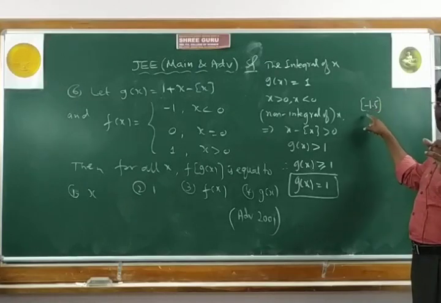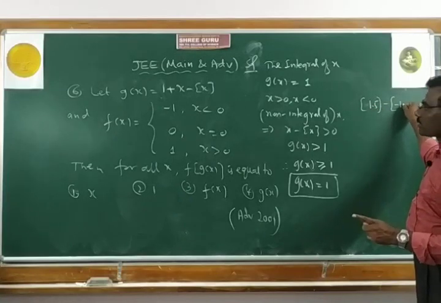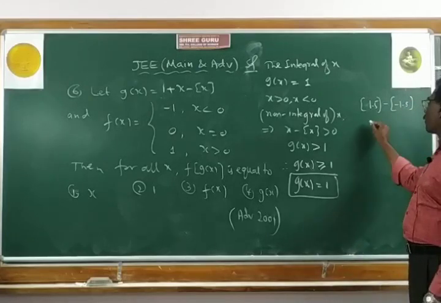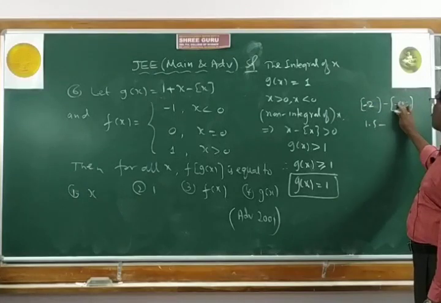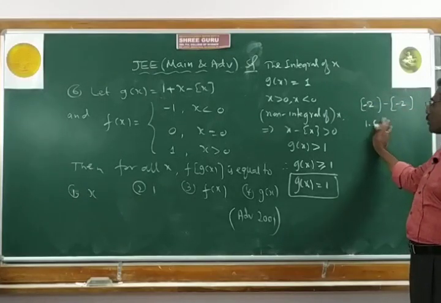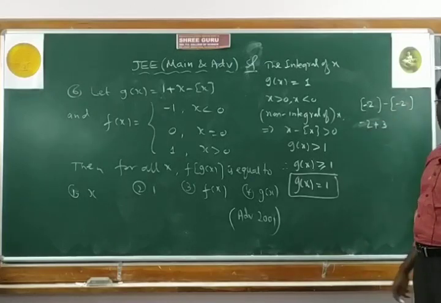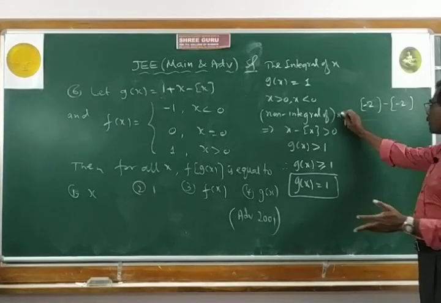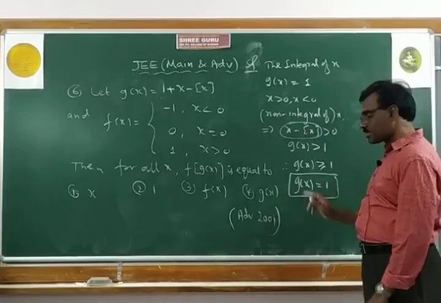Non-integral minus a positive gives a positive. Even if you take minus 2, the greatest integer of minus 2 is minus 2, and if you take minus 3, the greatest integer is minus 3. Anyhow, for non-integral x this is always positive. So g of x is 1.